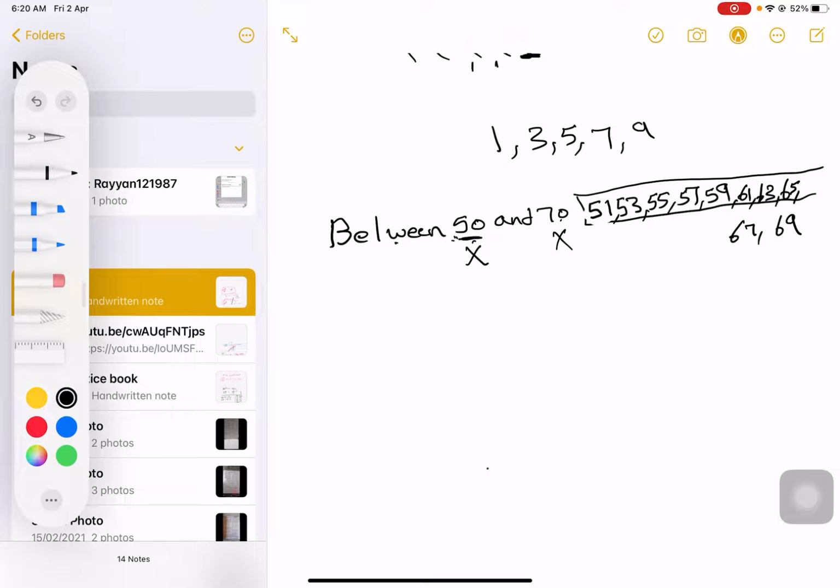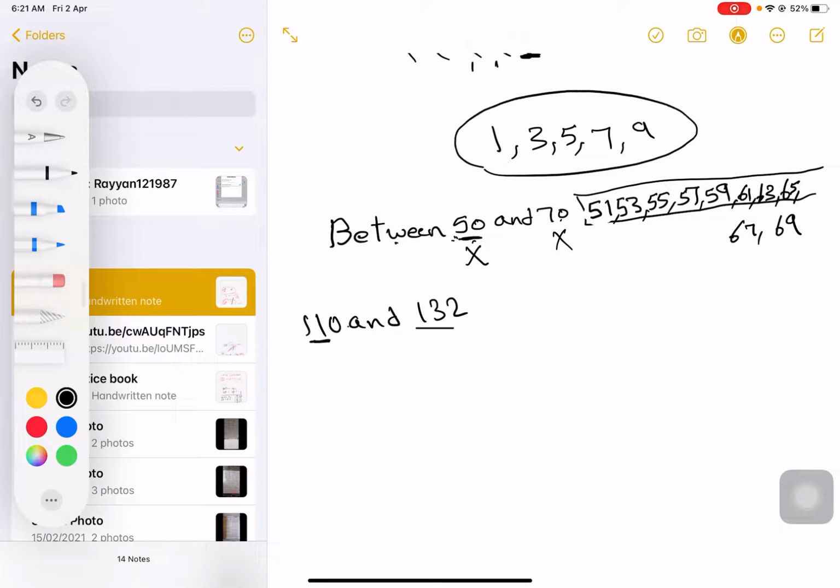They said for you between what numbers? 110 and 132. So you are not going to count 110 or 132. And remember, your odd numbers are these. And you are going to start from 110, you will skip 110. So you are going to what?